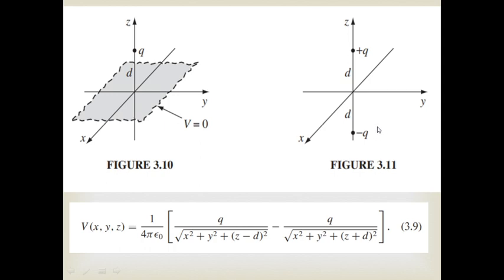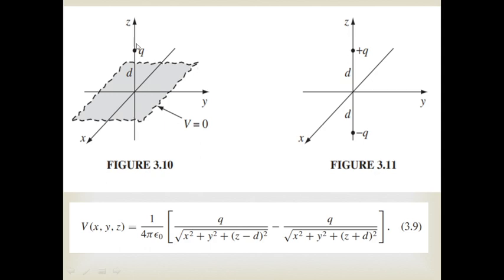Here in the lower region, because of charge symmetry, the electric field is also symmetrical. So in both systems, in the upper region of our interest, z greater than 0, the potential is the same, the electric field is the same, and the force is equal to qE, so the force is also going to be the same in both systems.